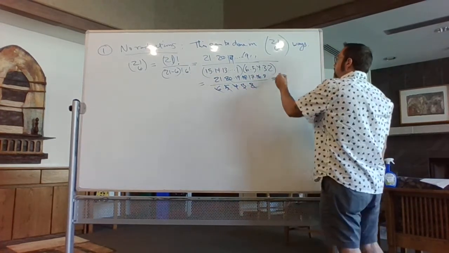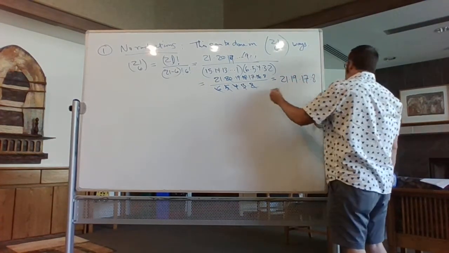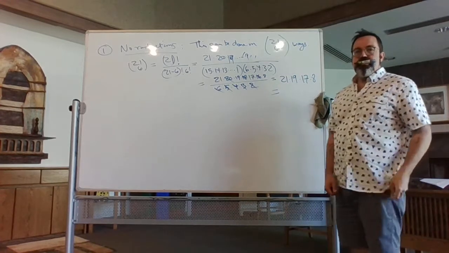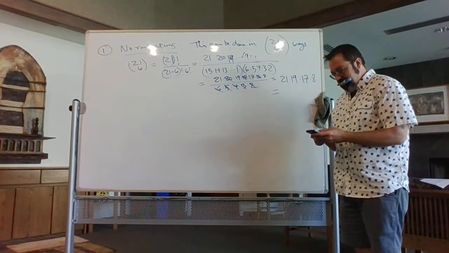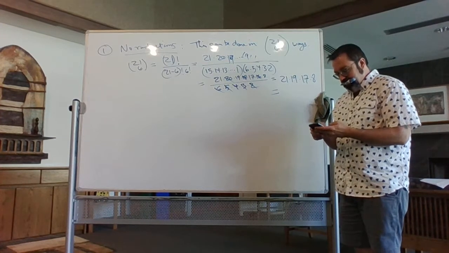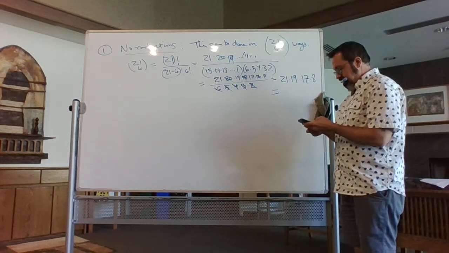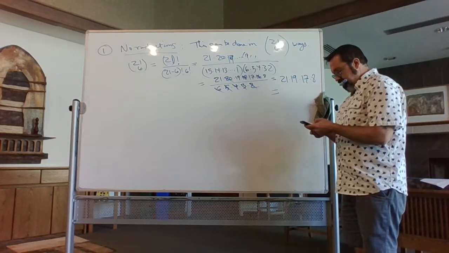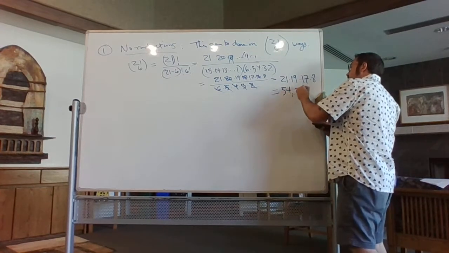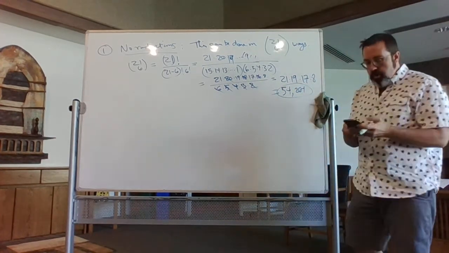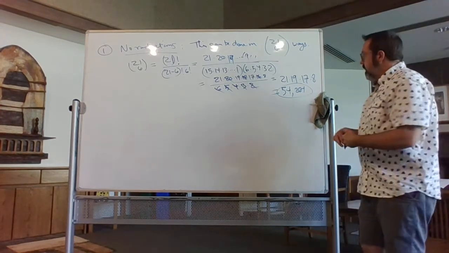So really all I've got left is 21 times 19 times 17 times 8, which is a number that I should have considered ahead of time, and I did not. One moment, please. 54,264.